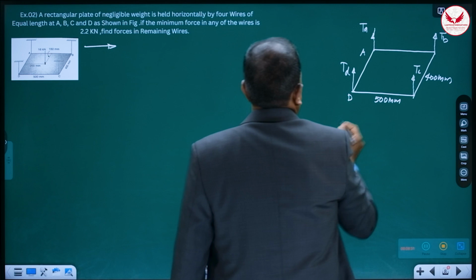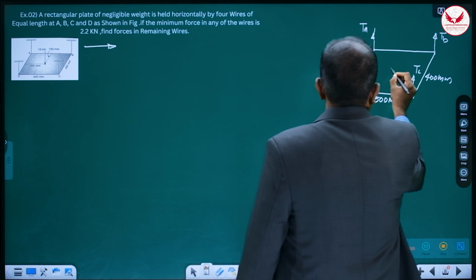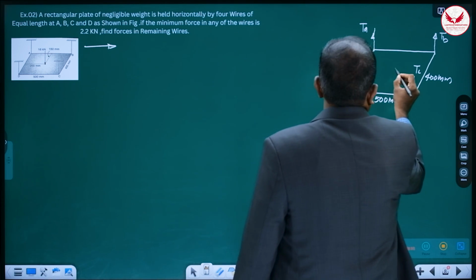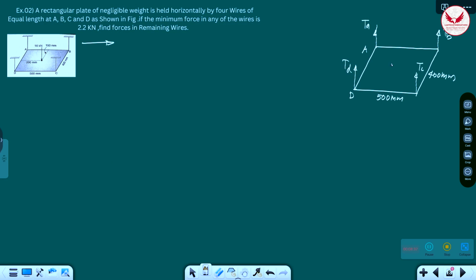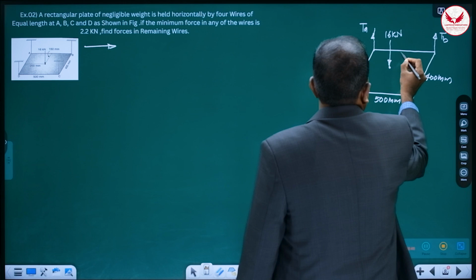And actually, the weight is acting somewhere over here, and this weight is vertically downward, and it is 16 kilonewton.